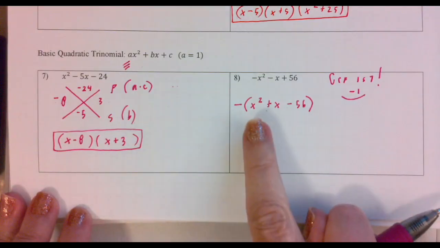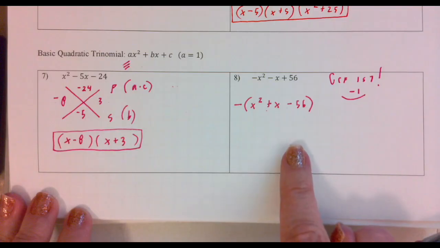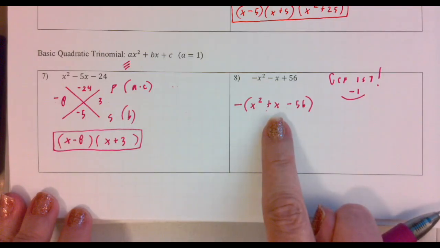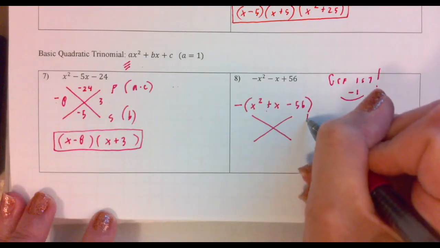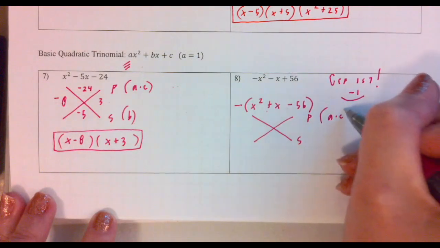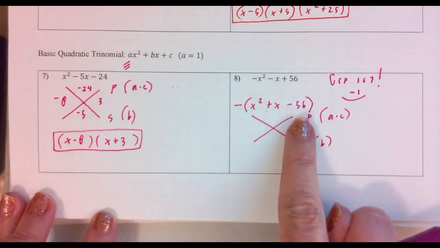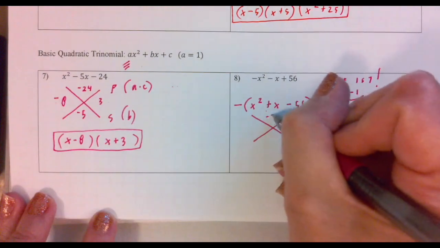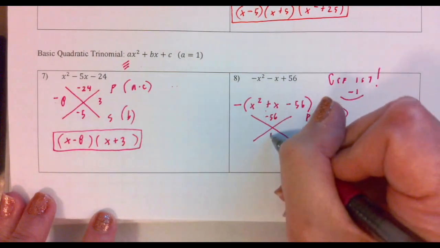Okay, so now I'm looking for two numbers that multiply to negative 56 and add to a positive 1. Let me help you visualize it. Product, sum. Again, A times C, so 1 times negative 56, negative 56, and the B is just 1.